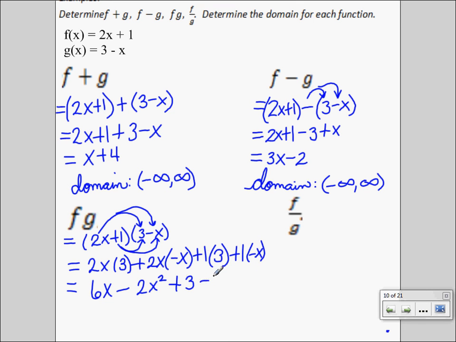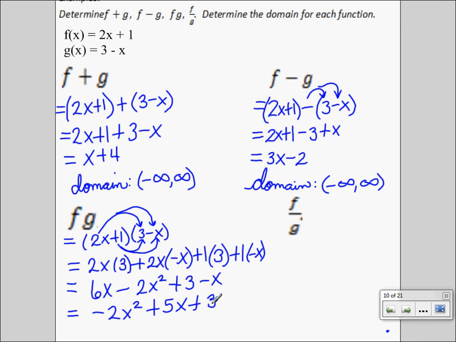And finally we have 1 times a negative x, which is just negative x. So to bring this together, we will have negative 2x squared plus 5x plus 3.